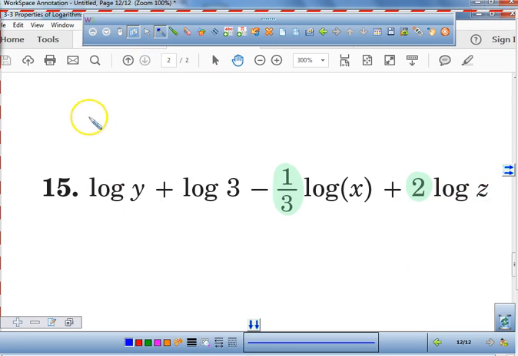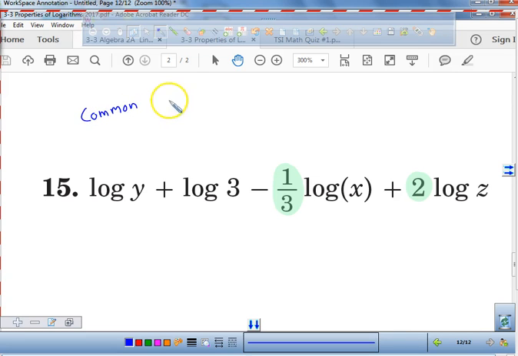Okay, everybody, I want you guys to write in your journal. This is the first thing that might be a little bit different. What's called the common log, everybody, is base 10. All right? The common log is base 10. By the way, we live in a base 10 counting system. Okay? That's what our base is.